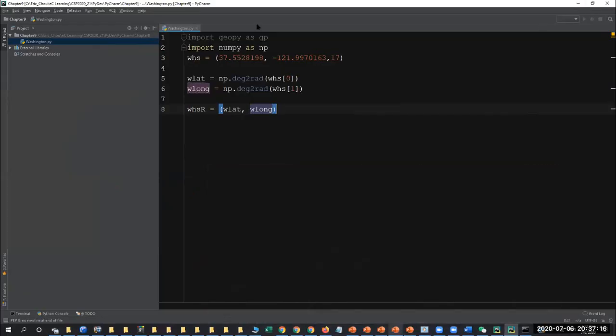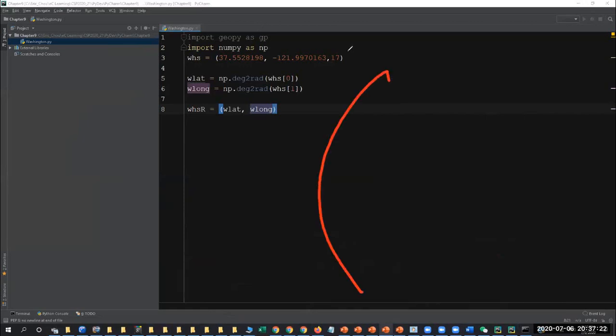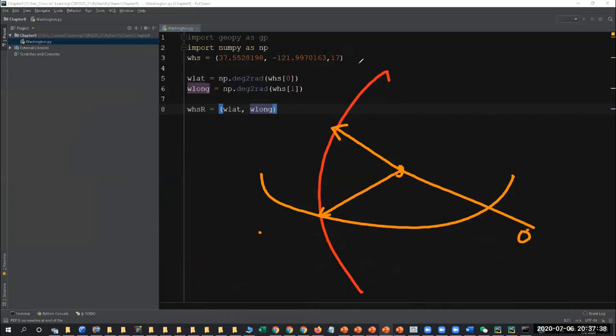Let's try again. Let's assume here is my line and here is my circle. My location is over here. Here is 0 degrees, here is 0 degrees, here is minus 121 degrees. I'm trying to find the projection of this point on this one. My real height uses this one, not the green one.